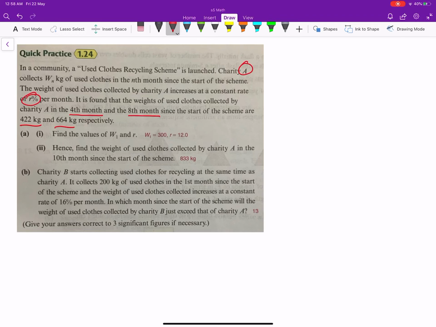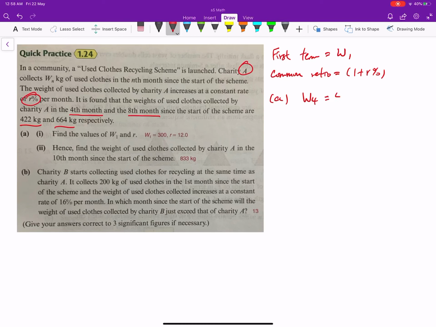So again, we try to get the first term. So what is the first term? It is W1. And what is the common ratio? Now it's increased, right? So 1 plus R%. Maybe I can move faster. Okay, the scale is actually the same as in the example.